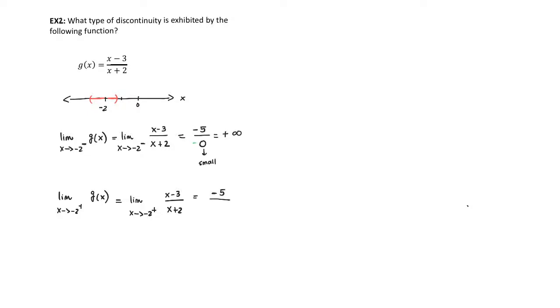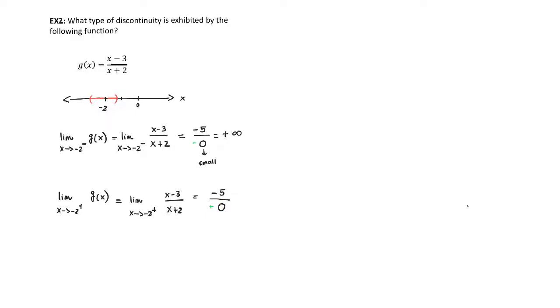But the denominator is going to 0, now in a positive way. I'm going to put positive over here. Since x is going towards negative 2 from the right, this x value will be a small negative value, so that when you add it with 2, the entire result will be positive, but a very small positive number.